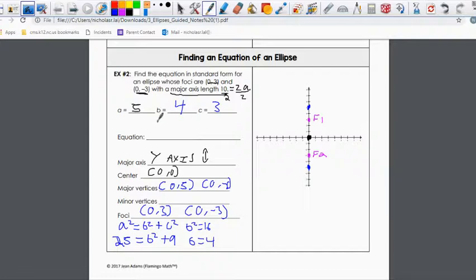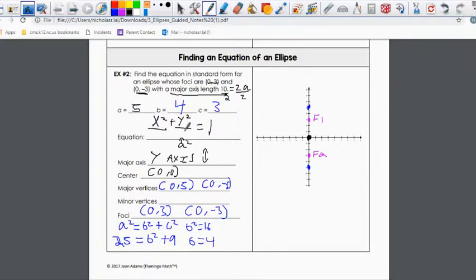We have x squared plus y squared is equal to 1, okay? And we have denominators. This is a major axis, so a squared, which is the larger term, is going to go under our y term.